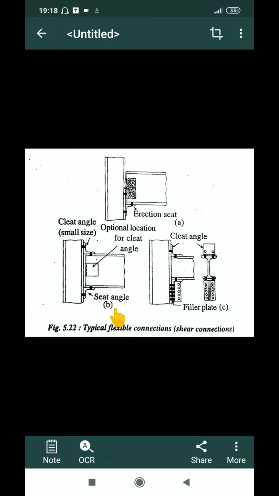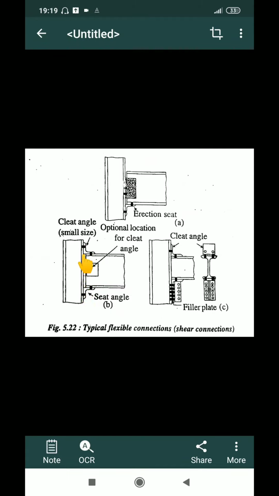Here you can see another example where there is a cleat angle, and this angle will be bolted here, and there are two: one is a seat angle and another is a cleat angle. This is also called a cleat angle, and this is also called a cleat angle.